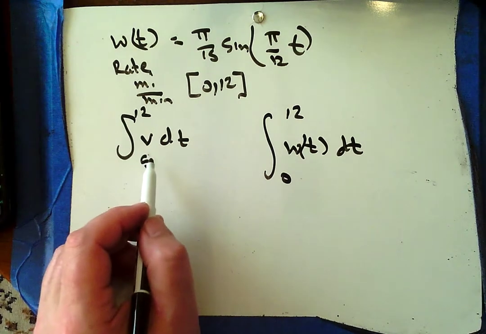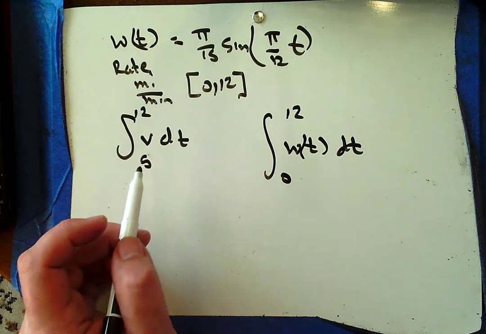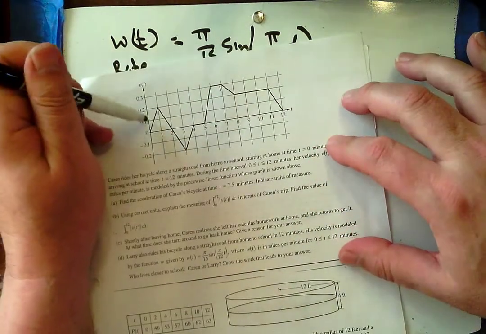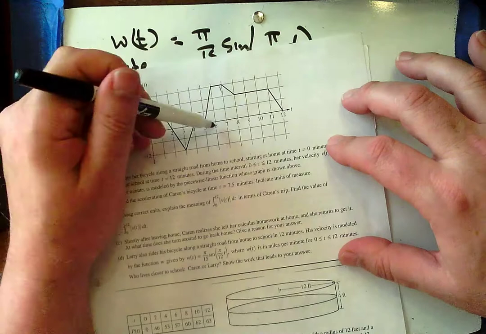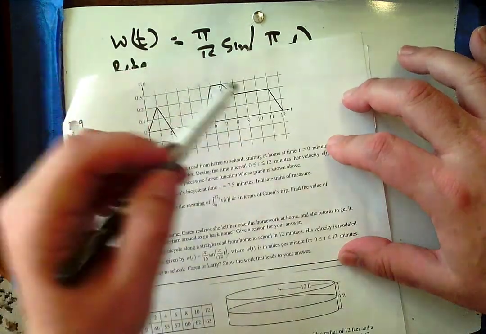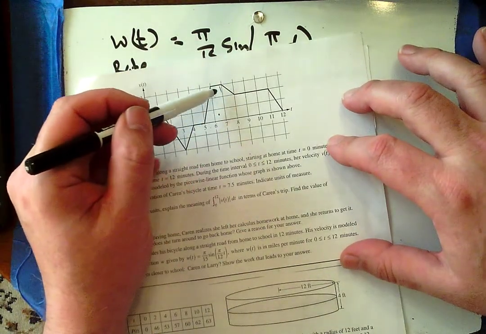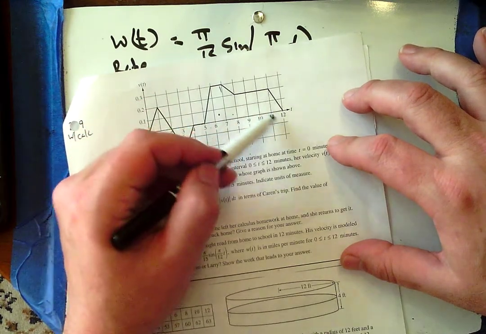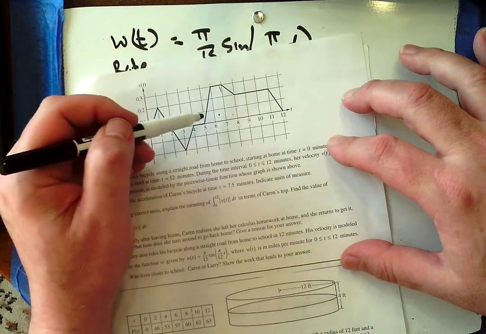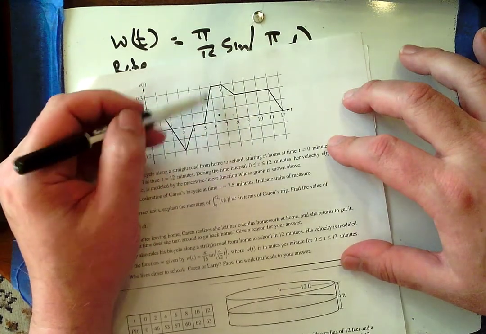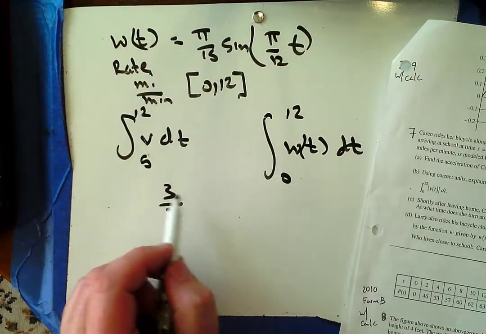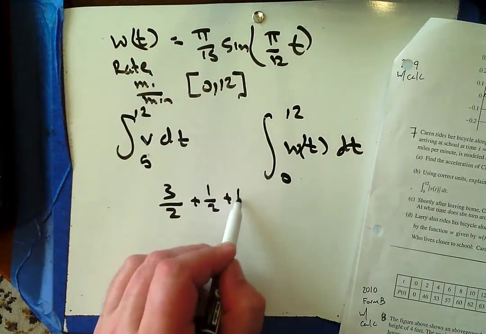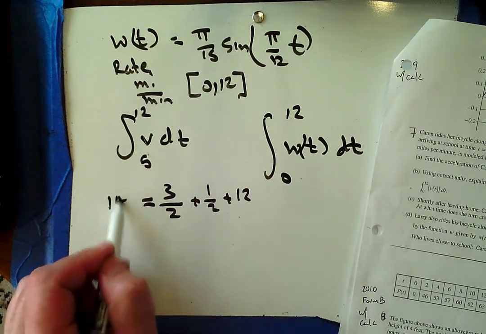I compute that she traveled 1.4 miles, right? Because each of these boxes is 0.1 times 1, or 0.1. So I've got 1, 2, 3, 4, 5, 6, 7, 8, 9, 10, 11, 12, 12 and a half. And then I've got 3 boxes cut in half, 3 cut in half plus 1 half plus 12. And so that's a total of 14 boxes.